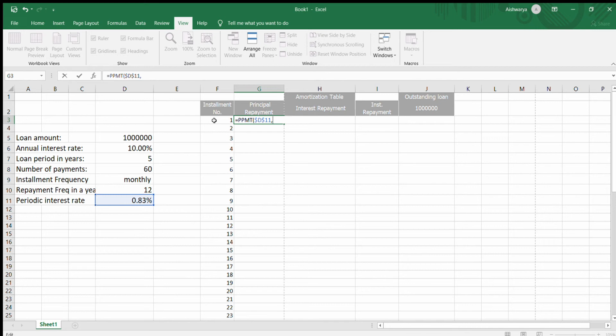Now pay is installment number 1. Now number of payments is 60. We can also freeze this column by adding the dollar sign. Now the present value, sorry, principal value, and we can also freeze this column.